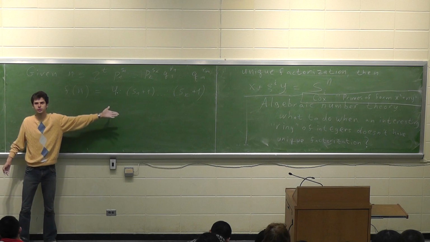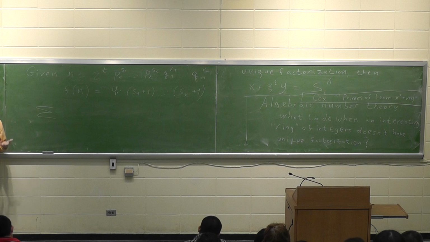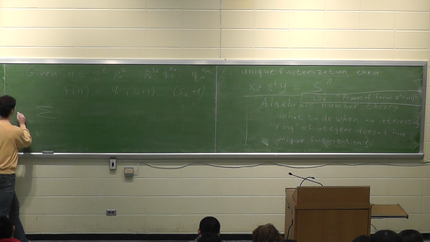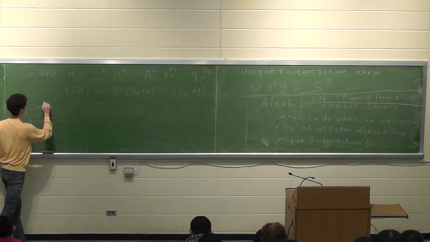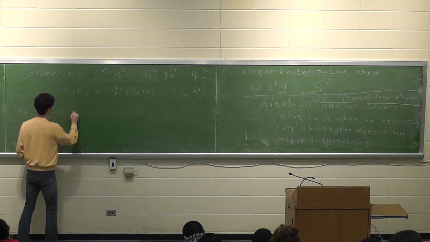Well, it is some function of the number n. What we proved today is that the number of integer points inside of a circle, inside of a disk of radius square root of n, is exactly like this. It's 1 plus the sum from n equal to 1 to N of f(n).